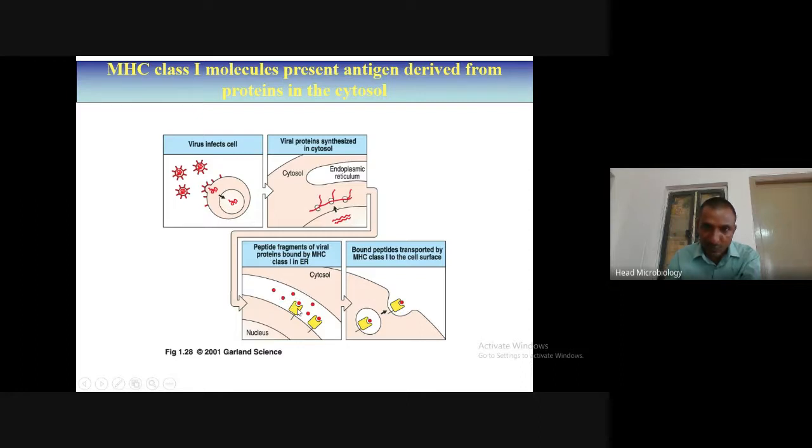These peptides are bound with the MHC1 in the endoplasmic reticulum, and then are transferred by the major histocompatibility class 1 to the cell surface.